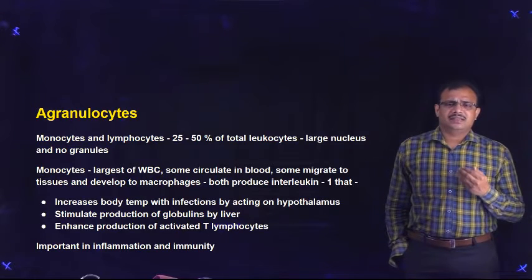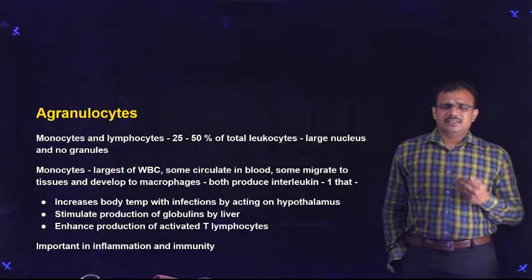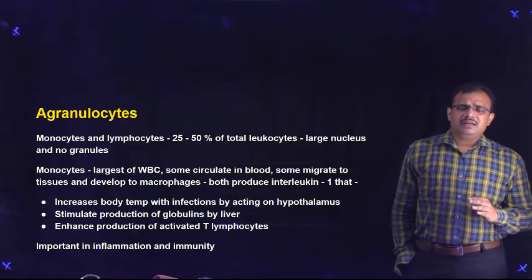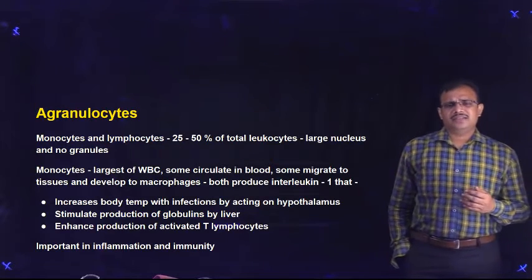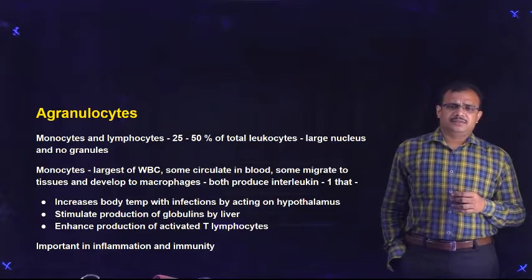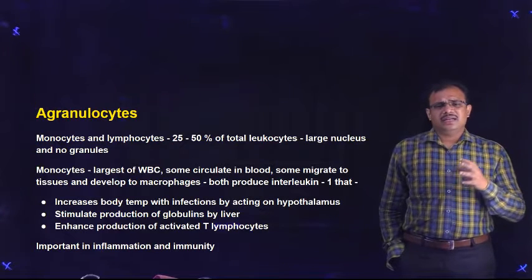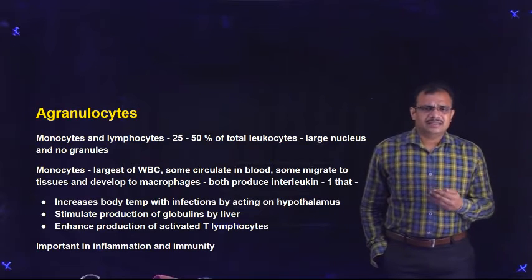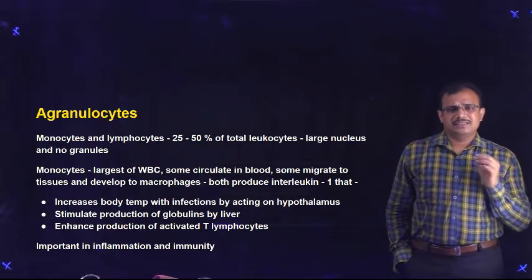So all these are the functions of monocytes, and they play a very important role in both immunity and inflammation. We have seen that these are called monocytes when they remain in the circulation, whereas monocytes which migrate to different tissues transform into macrophages, and hence together they form the monocyte macrophage system.